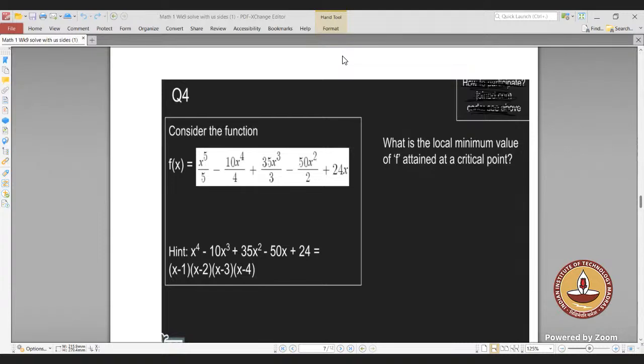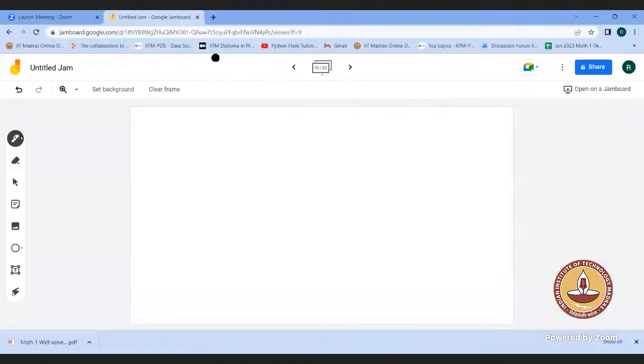Sir, we have to take f double dash of x and see if it is positive to get the minimum value, right? So first, just give me a minute. Is my board visible? Yeah. What we have to do is first equate f dash of x equal to 0.